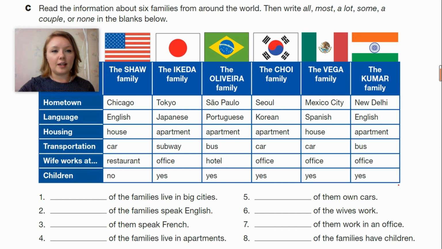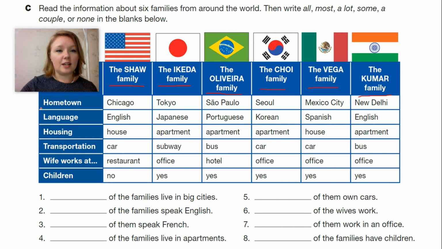This is in your book. So here we see information about each family, right? We have the Shaw family, the Ikeda family, the Oliveira family, the Che family, the Vega family, and the Kumar family.